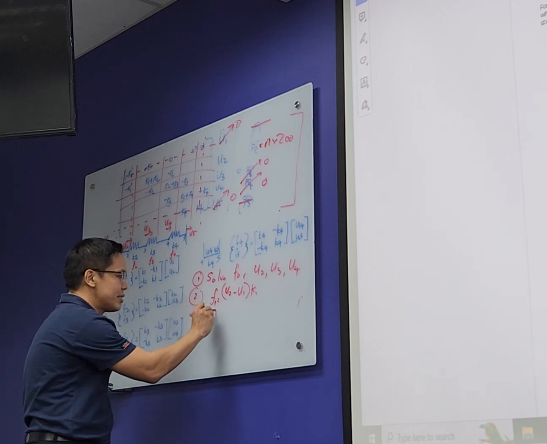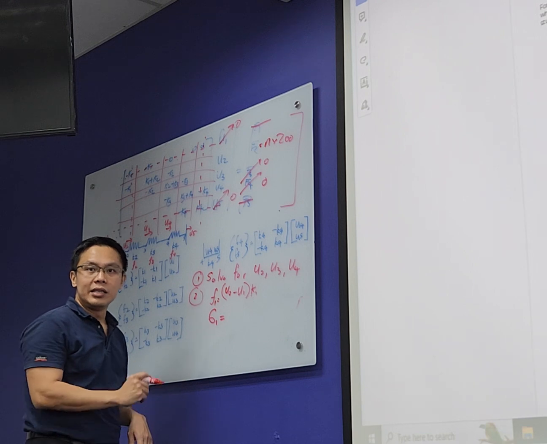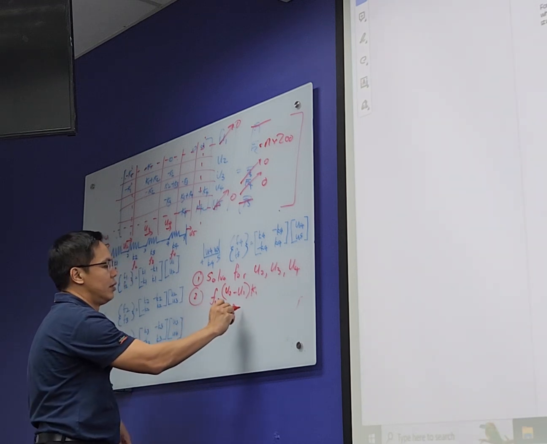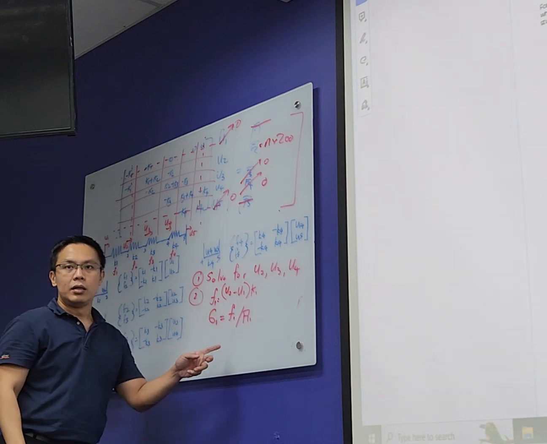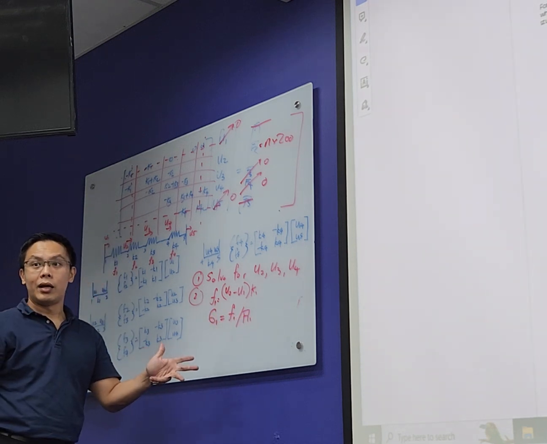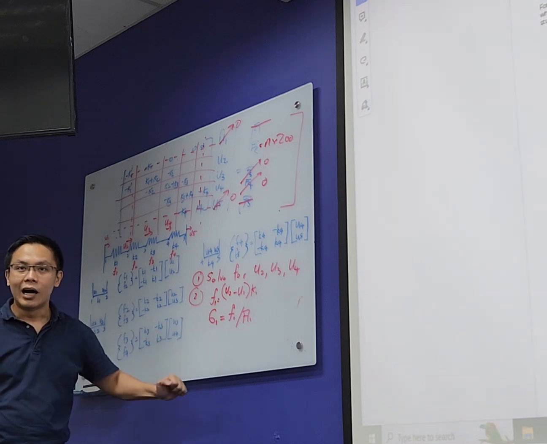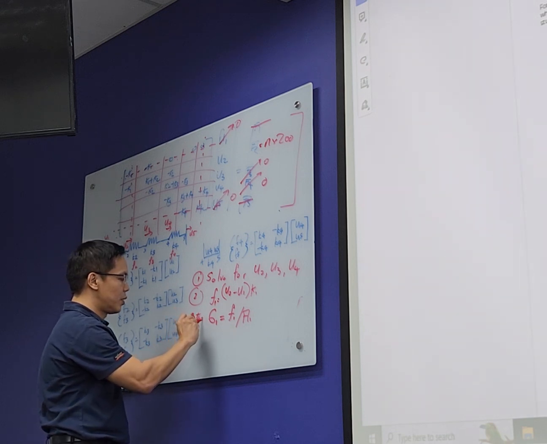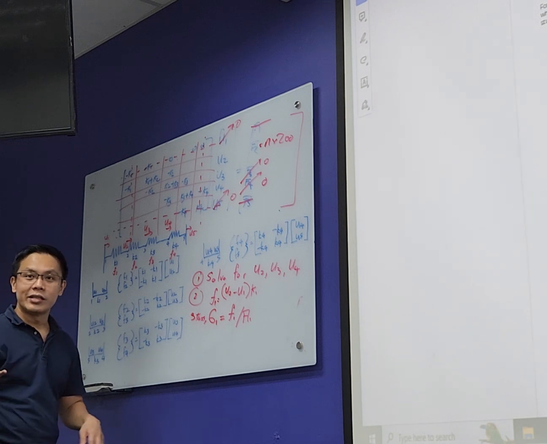So your stress, sigma 1, is equal to F1 divided by A1. Correct? Does anybody not understand this? Force over area. This is your stress, sigma 1.